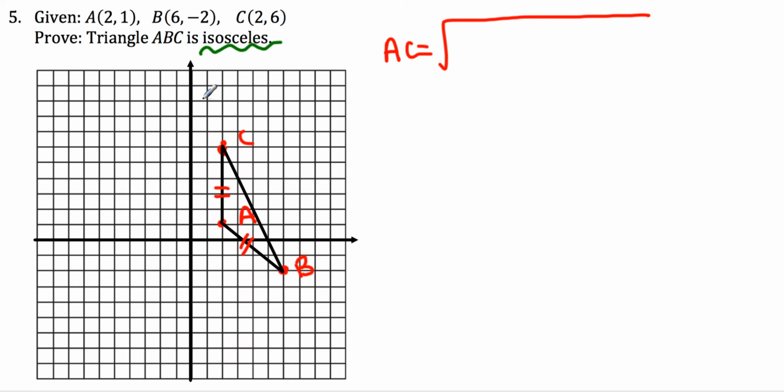We get between A and C, so we get 2 minus 2 square plus 6 minus 1 square. Then 2 minus 2 becomes 0, and then 6 minus 1 becomes 5 square, and then taking the square root, we know that the answer will be equal to 5. How about AB?